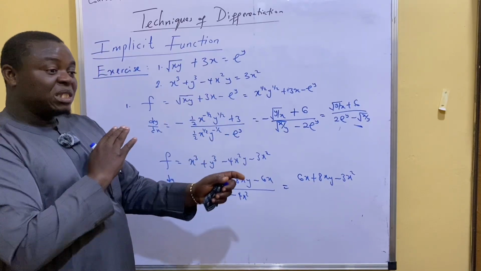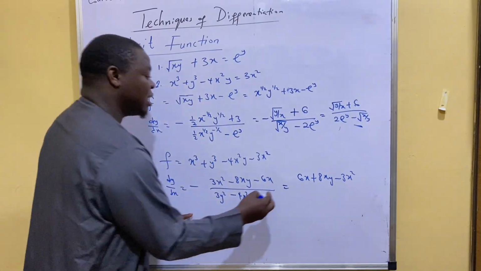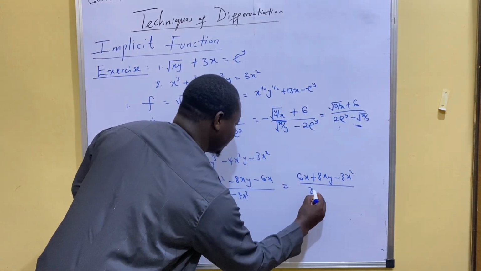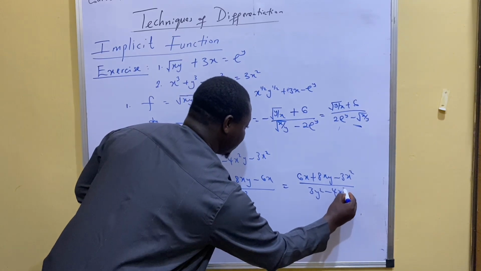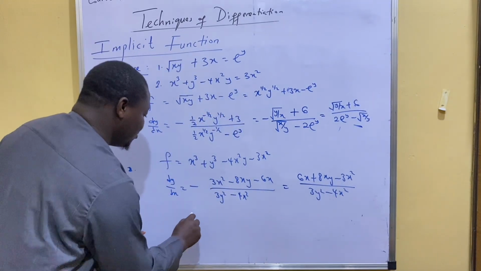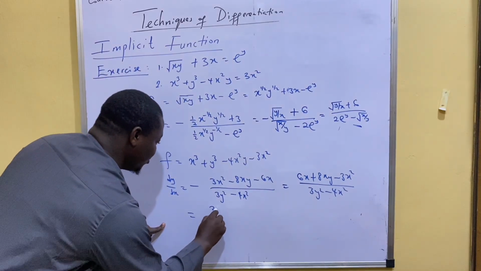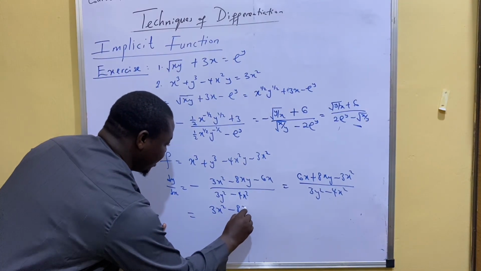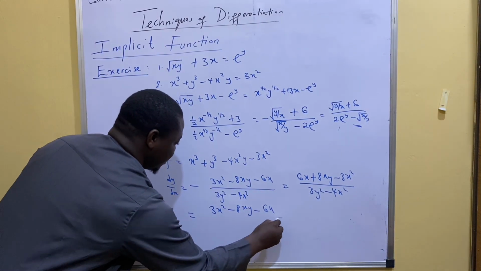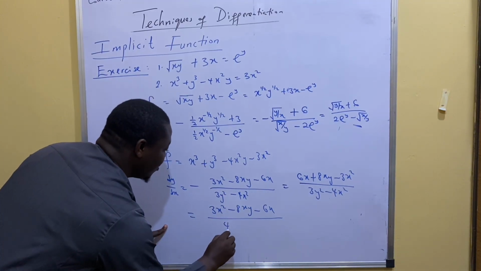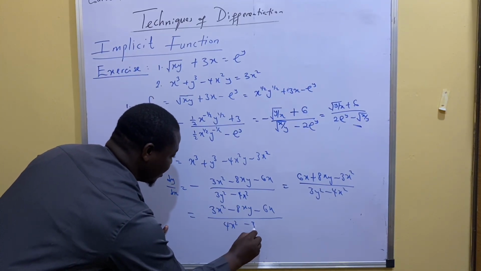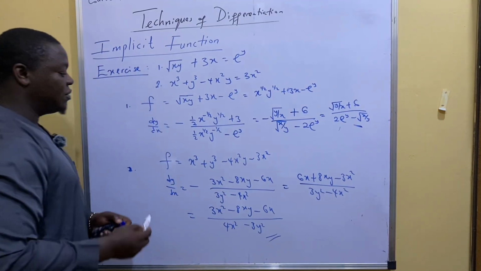So I decided to write the positive one first before the negative. So then it will now be over 3y squared minus 4x squared. Better still, you can multiply the denominator by that minus so that the numerator will remain the same, 3x squared minus 8xy minus 6x, divided by this one will now become 4x squared minus 3y squared. Beautiful. I love that. Thank you.